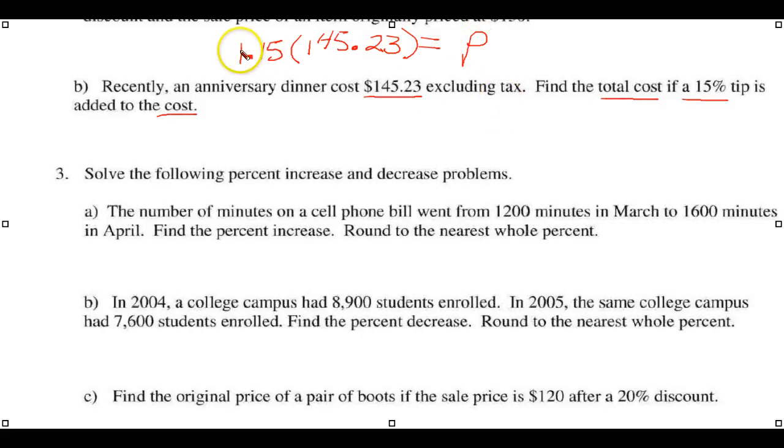So 115% of the original price includes 100% of the original price plus the 15% tip. I just put it together. So P here would then equal $167.74.